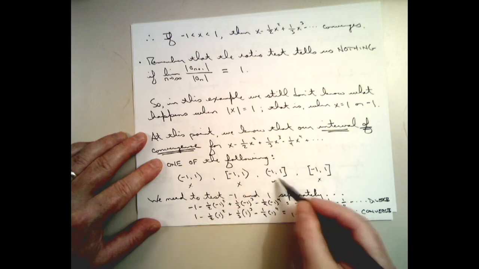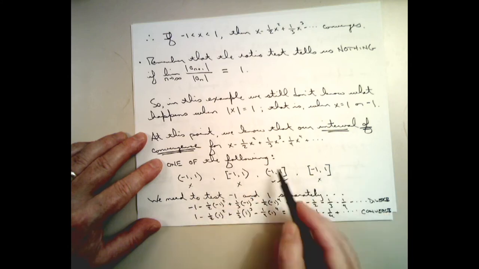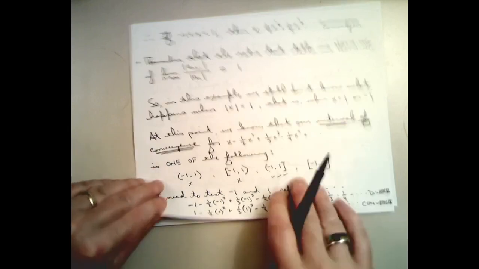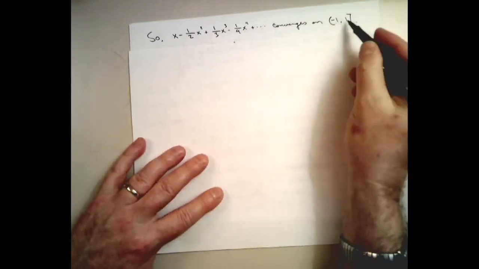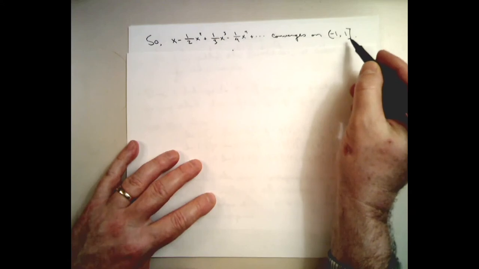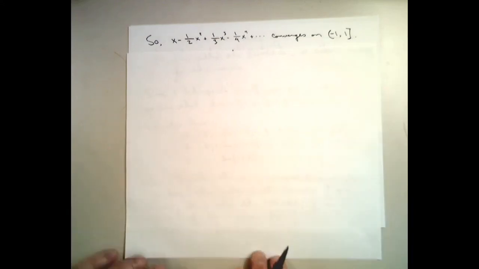And so this is our winner. All right, so the interval between -1 and 1, that's the interval on which the series converges. Interval not including -1, but including +1. Right, so we call that interval the interval of convergence for this power series.